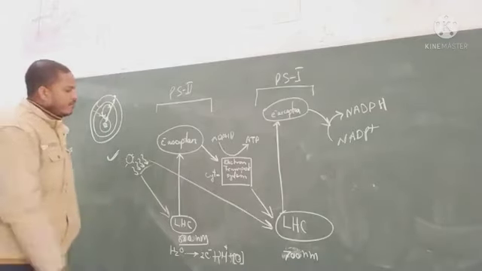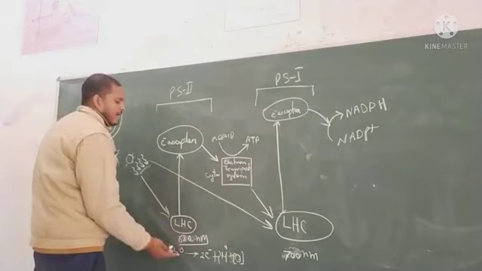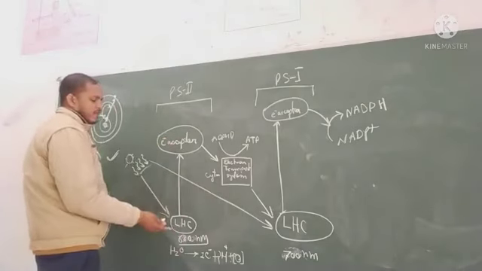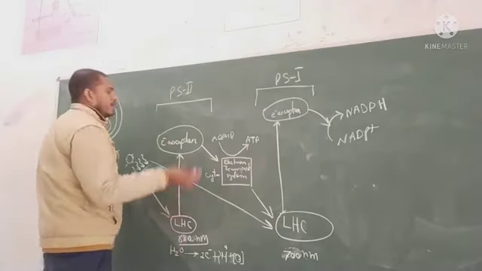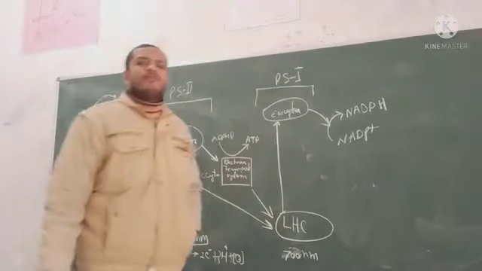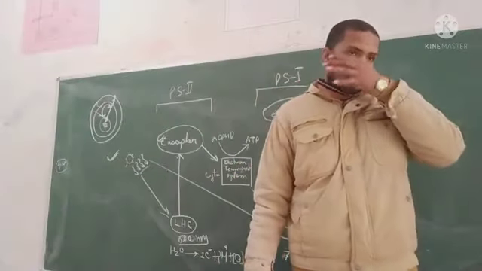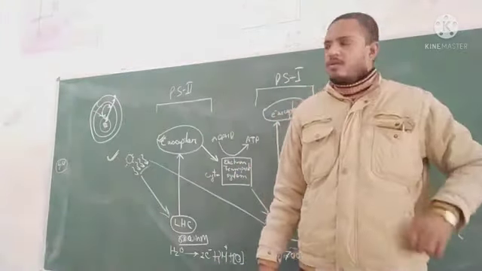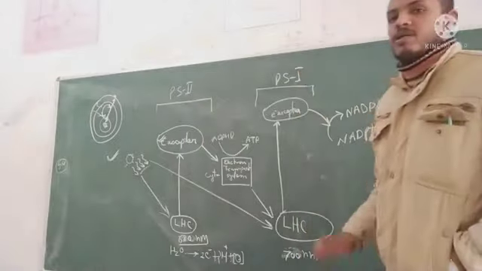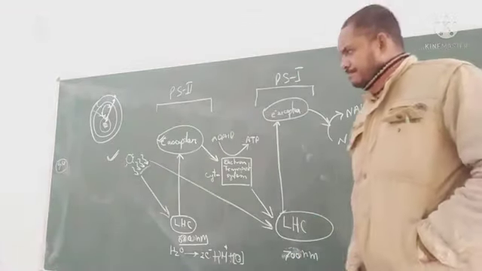In the same way here, when the light is absorbed, the electron is excited and moves farther from the light harvesting complex with the help of electron acceptors. There are cytochromes, plastoquinone, and such kinds of electron acceptors that we will discuss later.